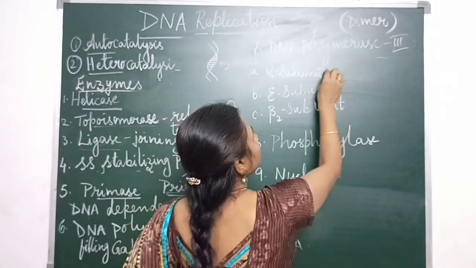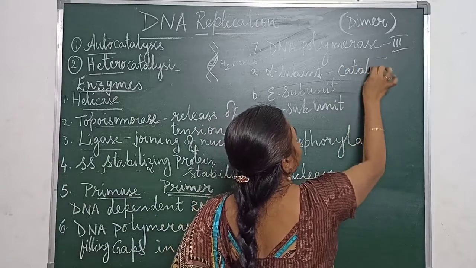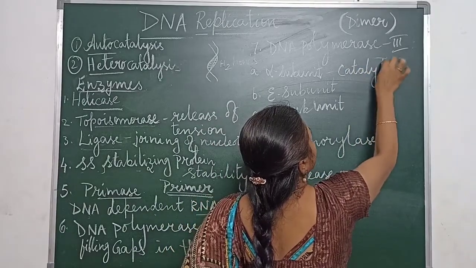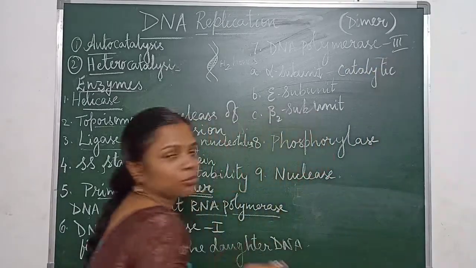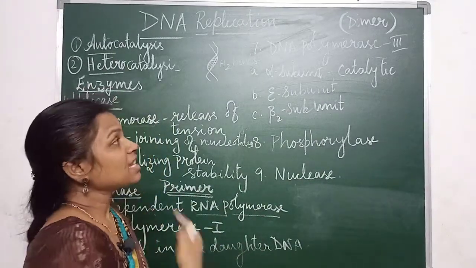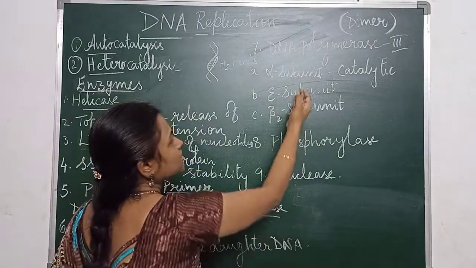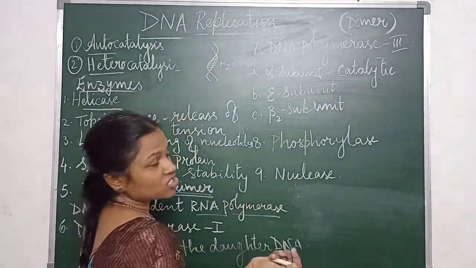The alpha subunit has a catalytic property. That means it helps in fastening the process, that is, it helps in formation of bonds. Okay, so that is how the alpha subunit helps.